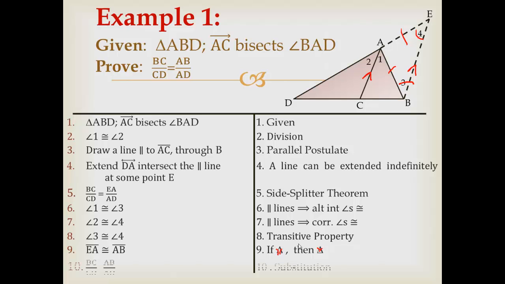And finally, we can say that BC over CD is equal to AB over AD because of substitution. Because remember, we had this back here. We showed that segment EA was congruent to segment AB, so we merely substituted that in.